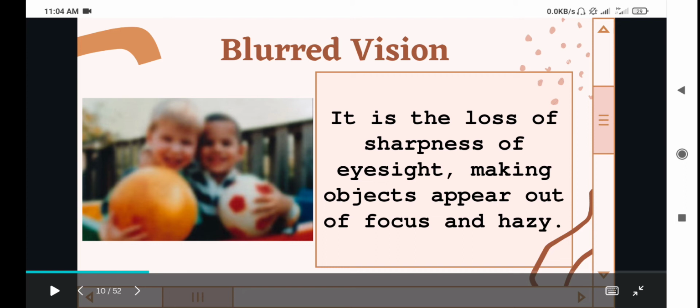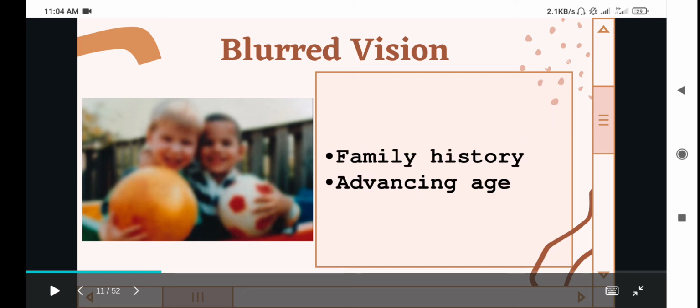Blurred vision is the loss of sharpness of eyesight, making objects appear out of focus and hazy. The primary causes of blurred vision are refractive errors such as nearsightedness, farsightedness, and astigmatism. So what are the causes? We have here the family history and advancing age.